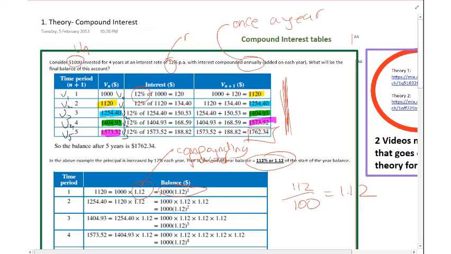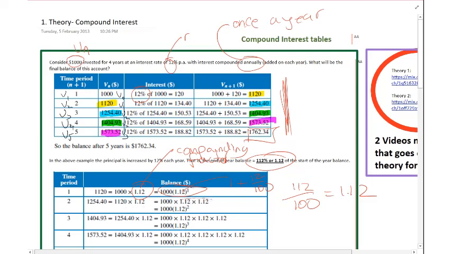So we're going to say 1,000 times 1.12, because remember that 1.12 is effectively 1, as in the 100%, plus 12 over 100. And then we do it next time. So we've gone 1,000 times 1.12, and then 1120 times 1.12.